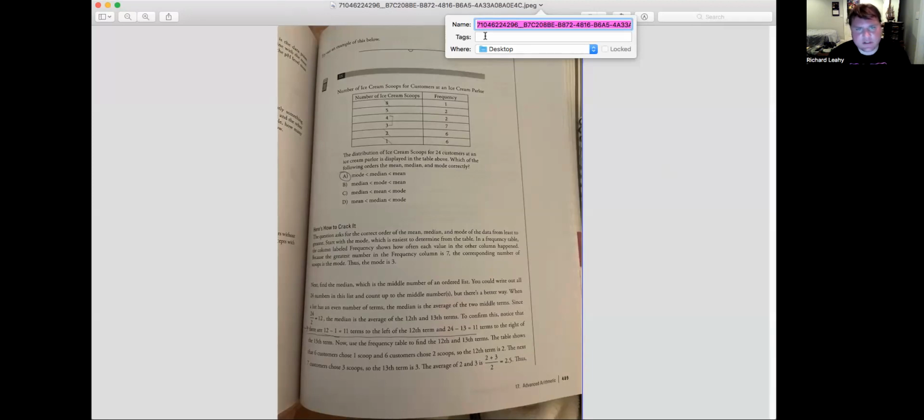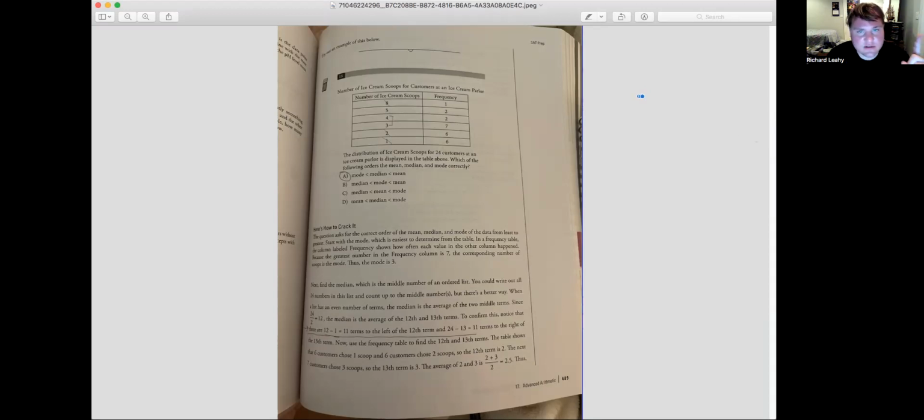So for this one, we're talking about ice cream scoops, and we have a chart, and we're talking about the mean, median, and the mode. Now, let us first deal with mode. Mode means the most frequent, so what has the most? Who is interested most in the amount of scoops that they want?